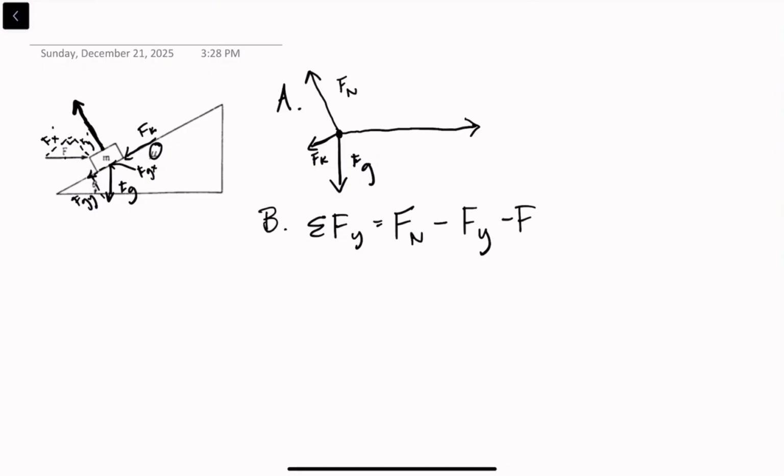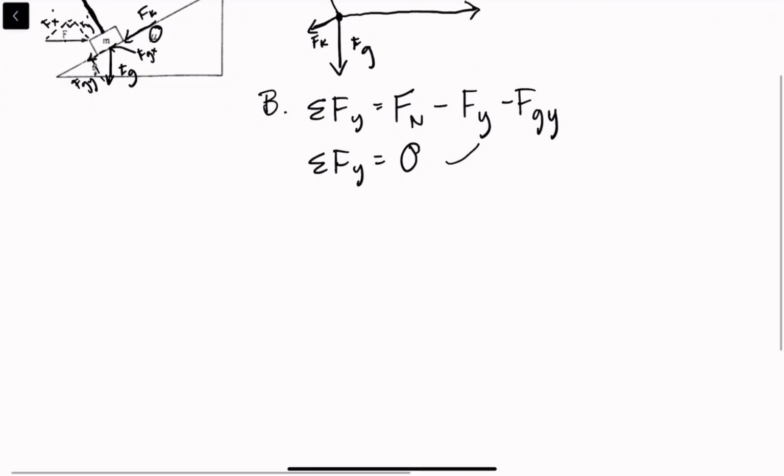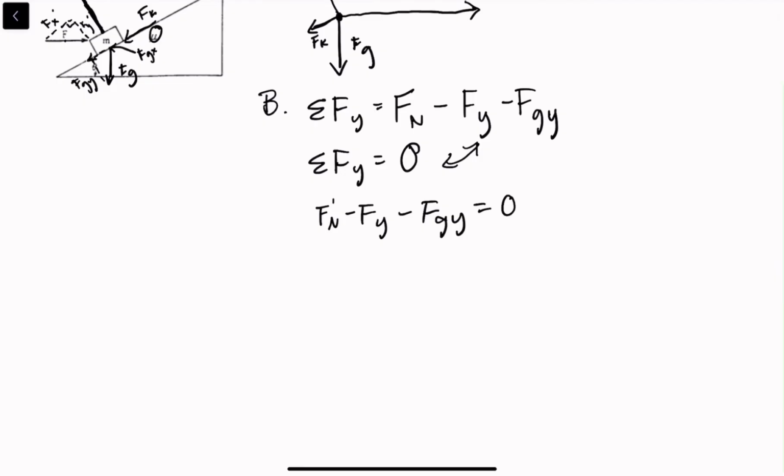So minus Fgy. And since it's not floating off the incline, we also know that the net force of Fy is 0. So we can just set those as equal to each other. And we're trying to solve for Fn, so we can just add these two over to the other side.